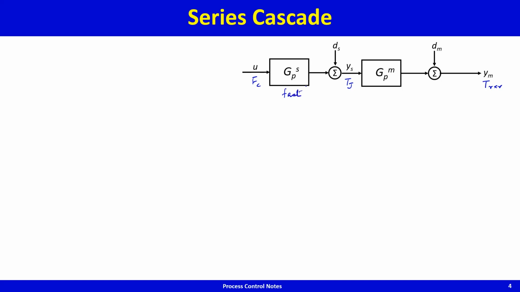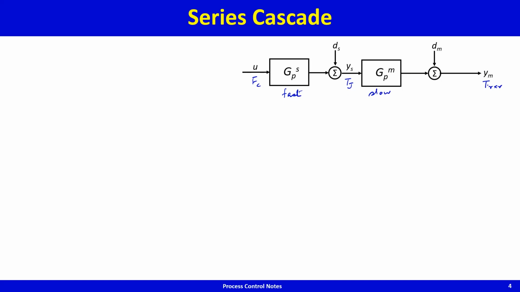The dynamics is very fast. And then as jacket temperature changes, heat gets removed across the large reactor mass or the holdup in the reactor, and therefore this is a slow transfer function. And because more or less heat gets removed across the walls of the reactor, that affects the reactor temperature.